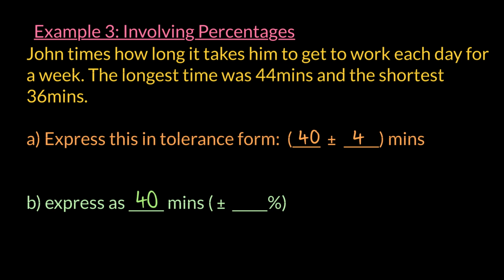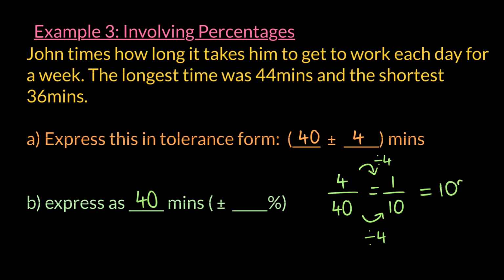You might be able to do this just by looking at it, which is great, but if not, you could say 4 over 40 as a fraction is 1 over 10 if you divide the top by 4 and the bottom by 4. And we should know from our percentages topic that 1/10 is 10%. So that means that we can express that as 40 minutes plus or minus 10%.